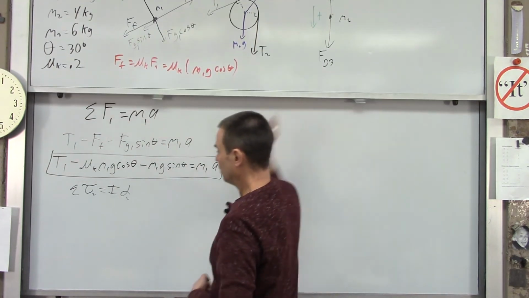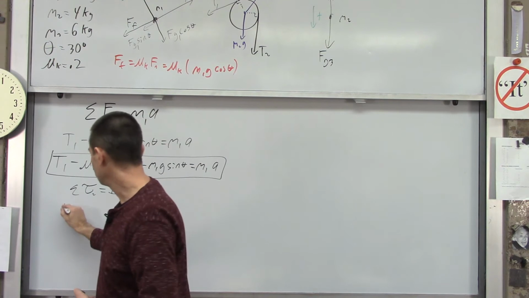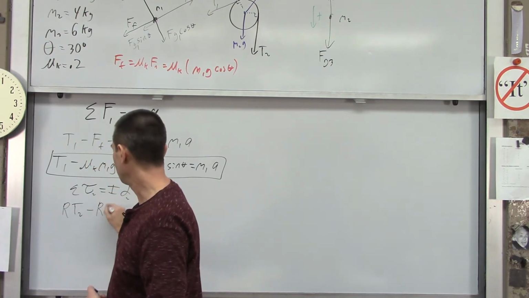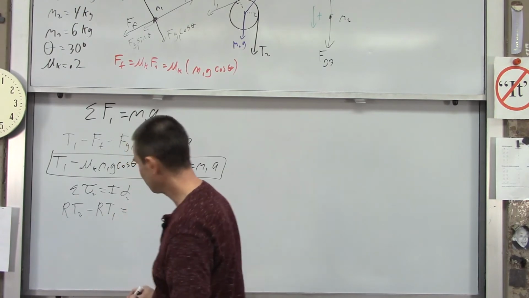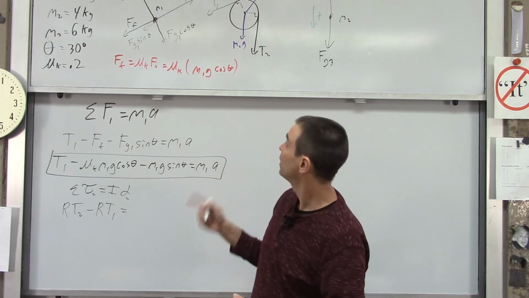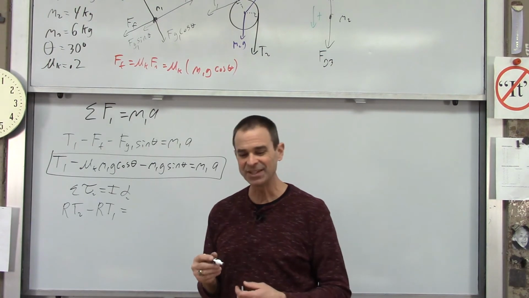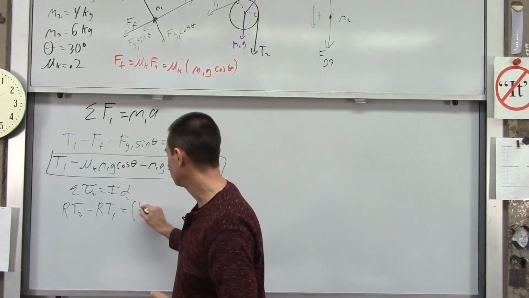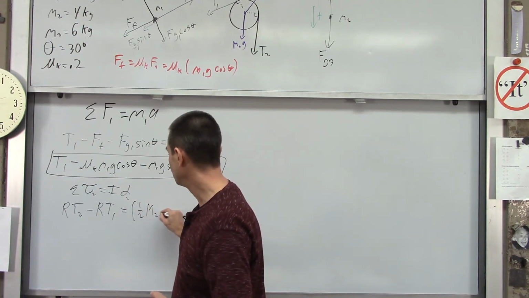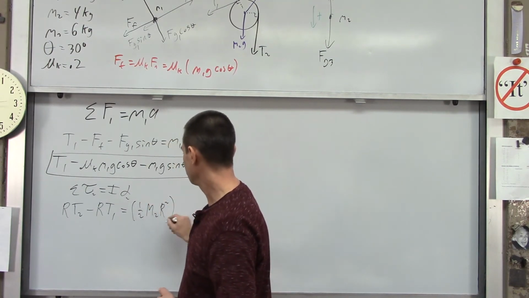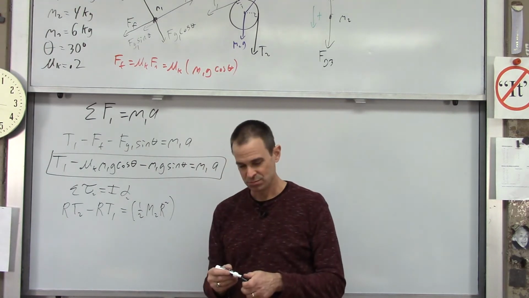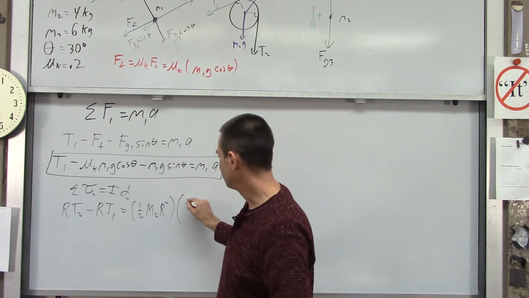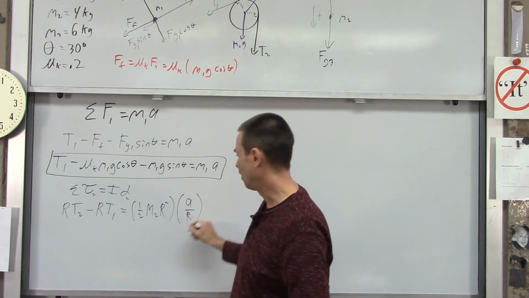For torque, it's R cross F, so it's R times T2, that's our positive torque, minus R times T1, that's our negative torque. We're going to assume that the pulley is a solid disk. The moment of inertia, I, for a solid disk is 1/2 m2 r squared. And then alpha. Well, we need to get alpha in terms of A. Alpha is equal to A over R.